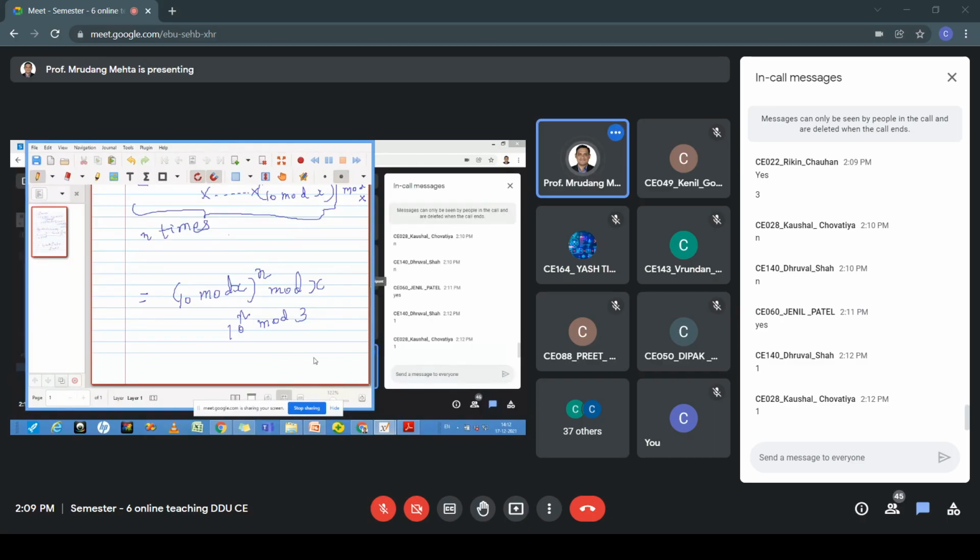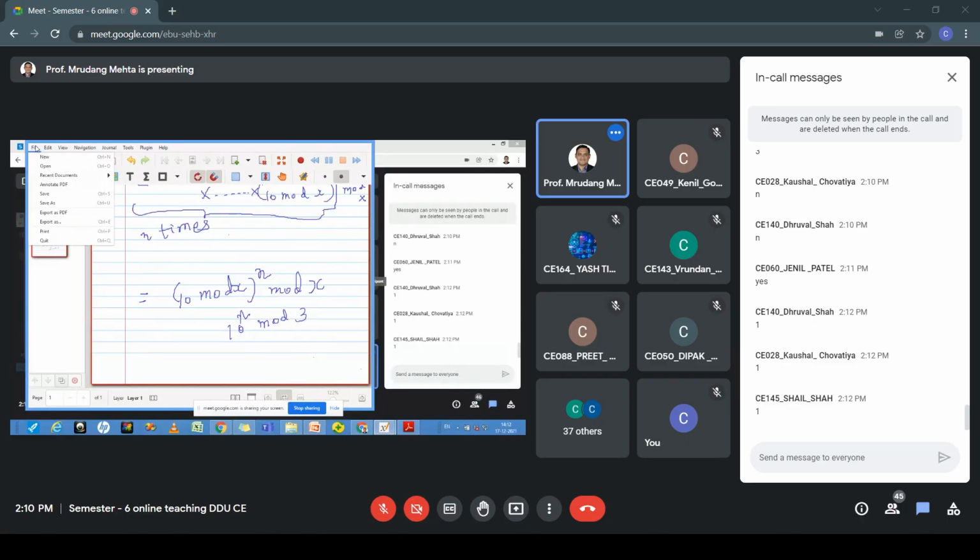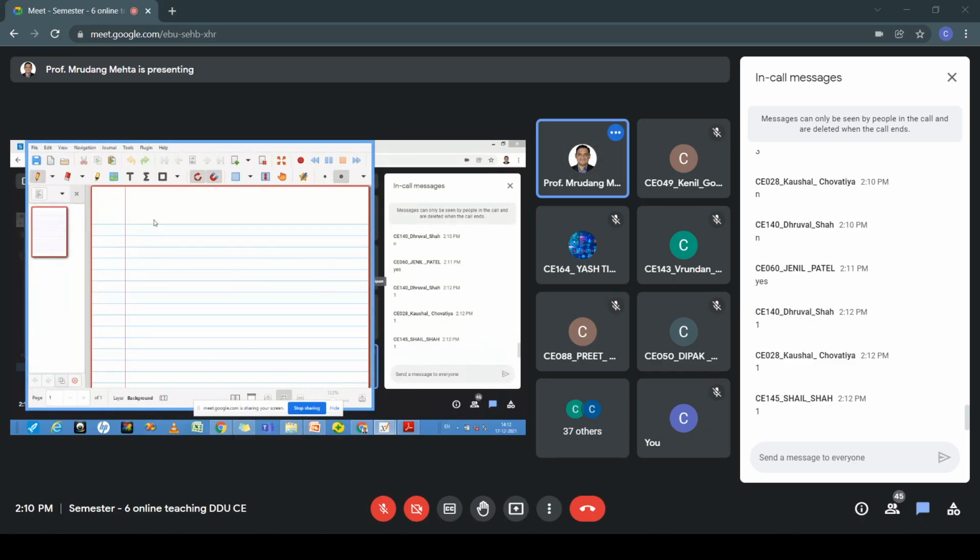Which steps will you follow? 10 raised to n mod 3.